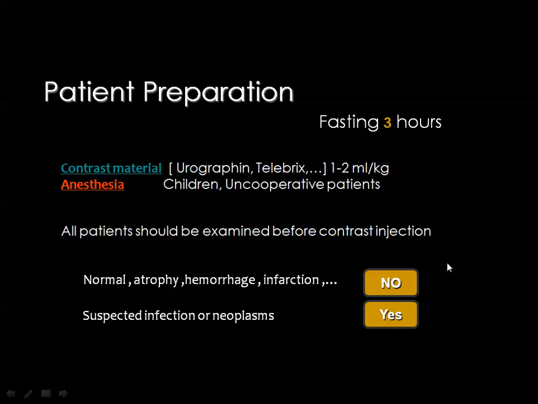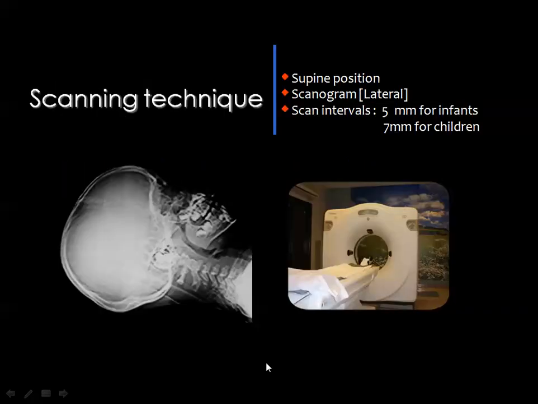Then we usually do not need to inject the contrast media whenever the brain scan is normal or we have diagnosed atrophic changes or hemorrhage or infarction. But we need to inject the contrast material whenever we are suspecting intracranial infection or we want to accurately diagnose some of the intracranial neoplasms.